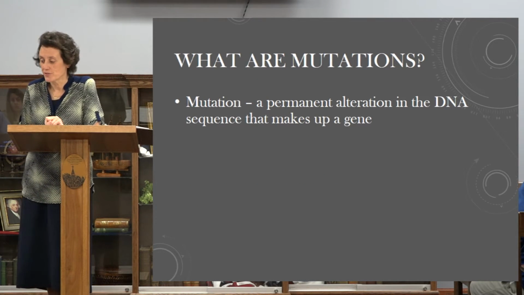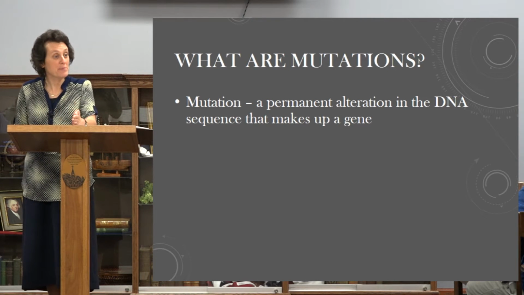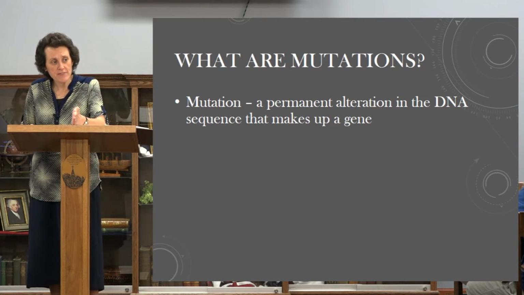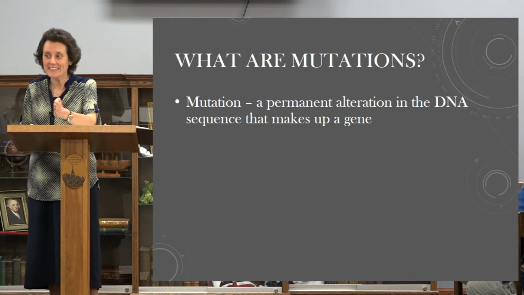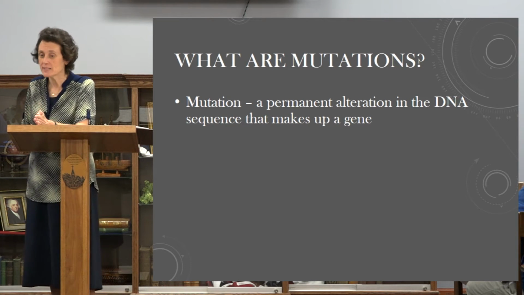What are mutations? Here we are back to DNA. A mutation is when that genetic code is interrupted. The genetic code has to be a specific sequence of those A, T, C's, and G's. It's highly complex, it's highly specific.